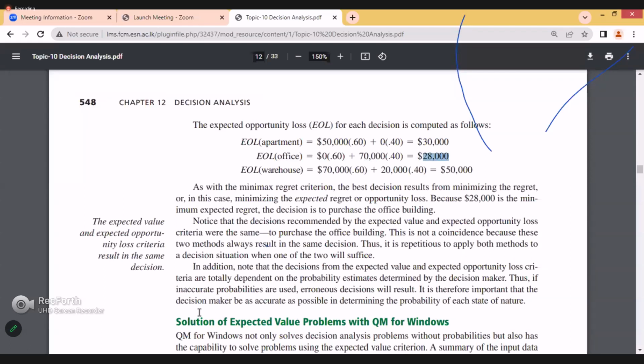Otherwise, during the examination, you will suffer a lot because even though it's a very simple section, if you forget the decision criteria, you cannot make the decisions, or you will take wrong decisions. So therefore, this is the risky section, but easy. And you have to be very clear about the decision criteria.